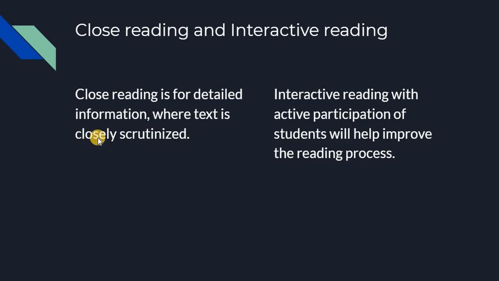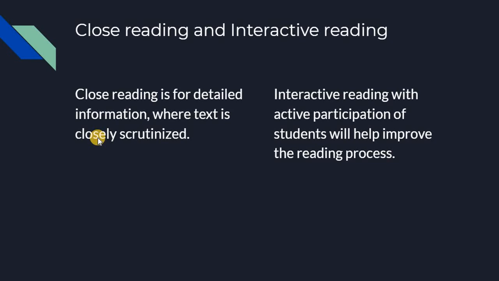Close reading is again a reading for detailed information, and the text is closely scrutinized. Close reading is often implemented by critics, or it can also be implemented by researchers, where you are scrutinizing the text. You are reading each and every word carefully. You are trying to make out meanings from these words.